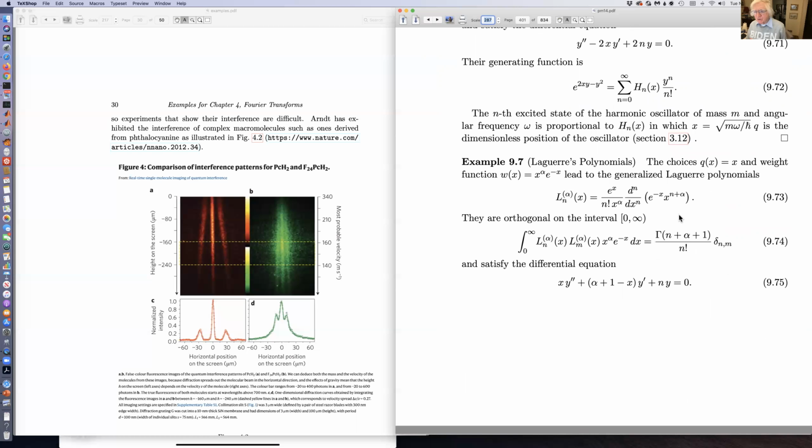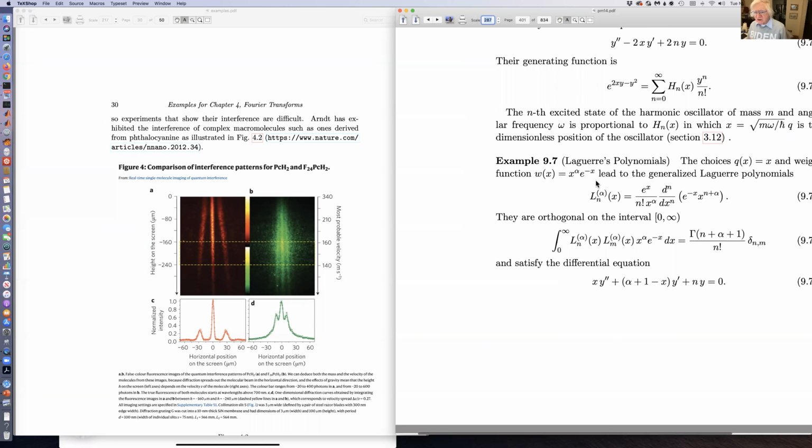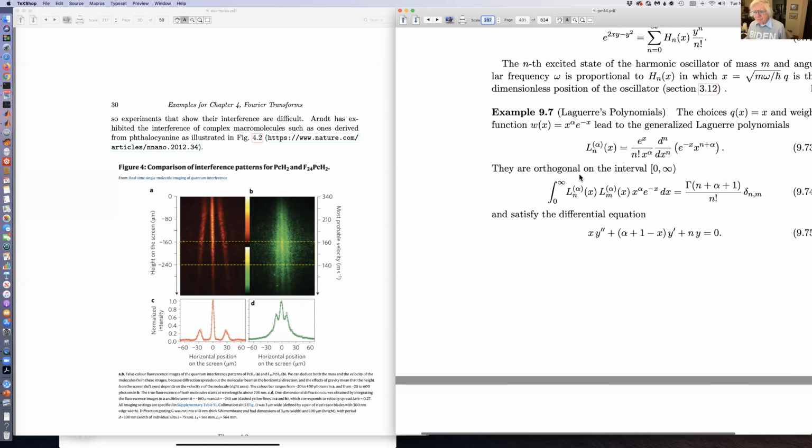Then to get back to the Rodriguez type, well, actually, this isn't quite Rodriguez either. You set Q of x equal to x, and this particular weight function, you then get generalized Laguerre polynomials. And notice here, you're only considering an interval from 0 to infinity. So you've got the weight function vanishing at both ends, at least if alpha is positive.